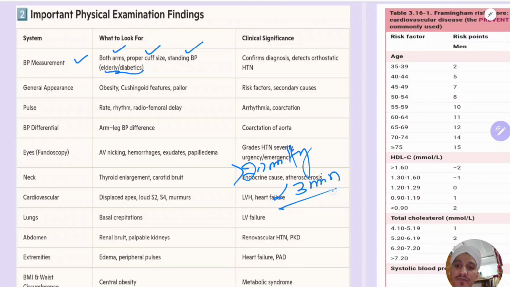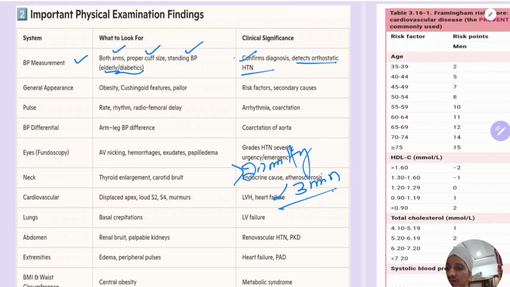This is baroreceptor failure, suggesting sympathetic nervous system failure in these patients, or use of some drugs causing it. So by BP measurement, you confirm the diagnosis, and it also detects orthostatic hypotension.